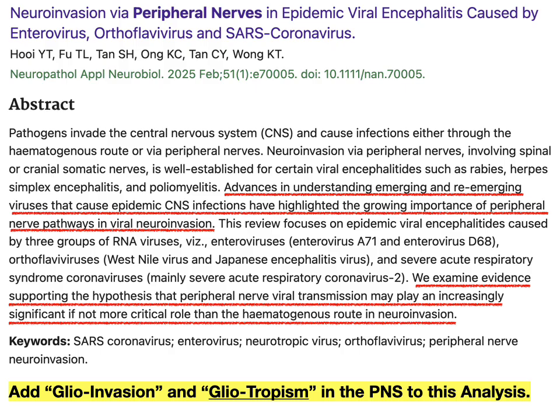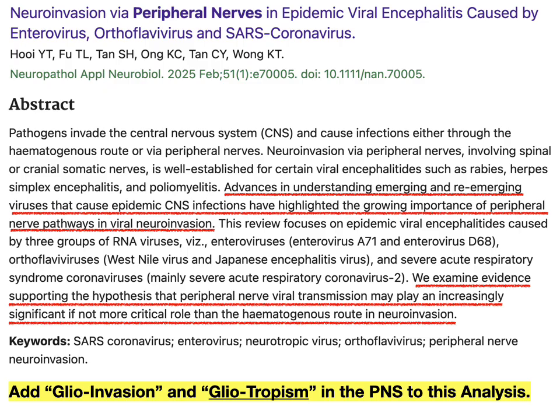And here, this paper from 2025 discusses neuroinvasion via peripheral nerves in epidemic viral encephalitis caused by enterovirus, orthoflavovirus, and SARS coronavirus. Note that they're emphasizing the pairing of neuroinvasion via peripheral nerves, because neuroinvasion generally means invasion of the nervous system. Here they're distinguishing the peripheral nervous system.